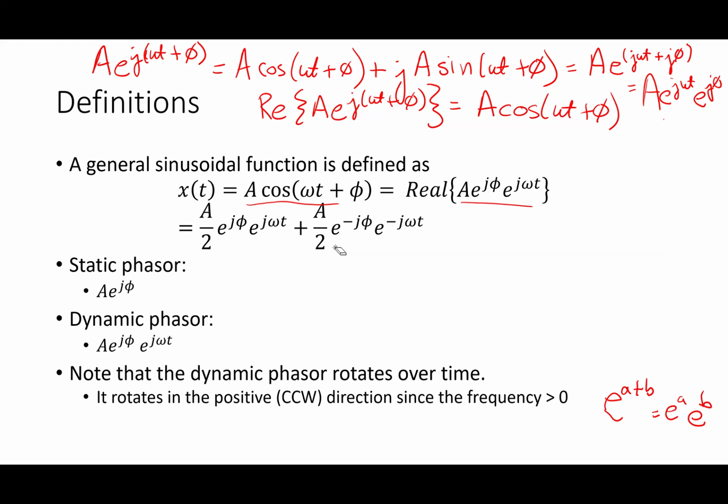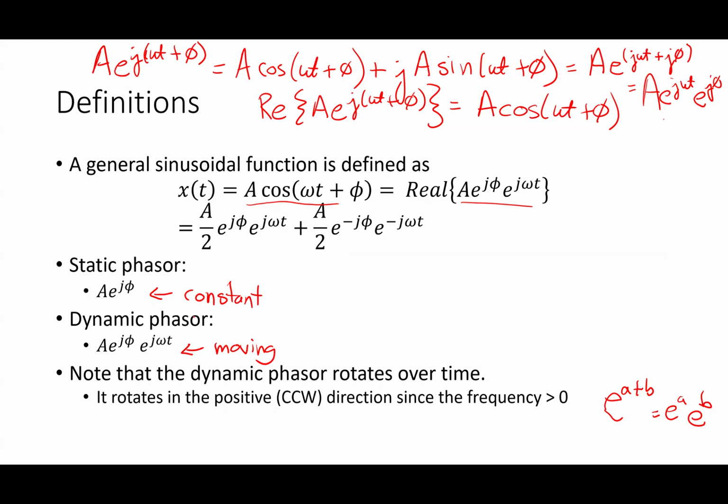That's always a constant, always a number. So a e to the j phi is always going to be a constant, whereas this guy is moving. The dynamic phasor moves over time. The static phasor stays constant.